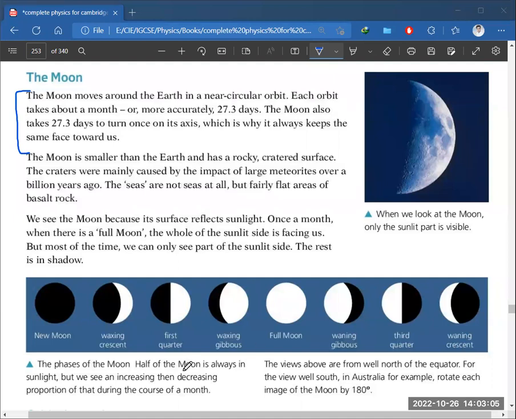Sorry, I'm supposed to read that part. Okay. The moon moves around the Earth in a near circular orbit. Each orbit takes about a month, or more accurately, 27.3 days. The moon also takes 27.3 days to turn once on its axis, which is why it always keeps the same face towards us.